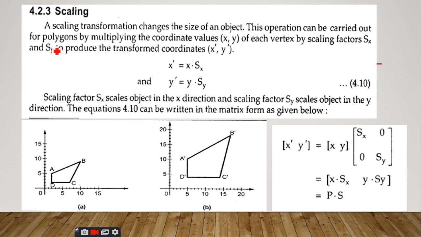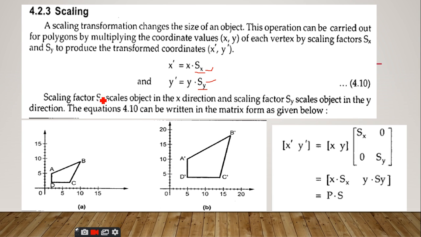This operation can be carried out for polygons by multiplying the coordinate values x and y of each vertex by the scaling factors sx and sy to produce the transformed coordinates x dash and y dash. Here sx and sy are the scaling factors in the x direction and the y direction.